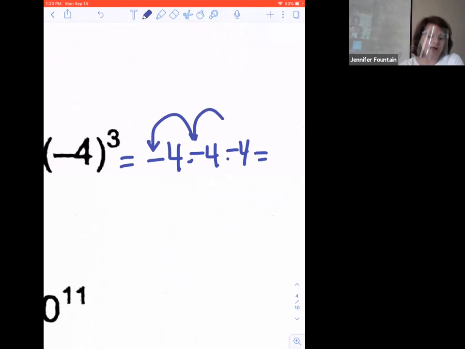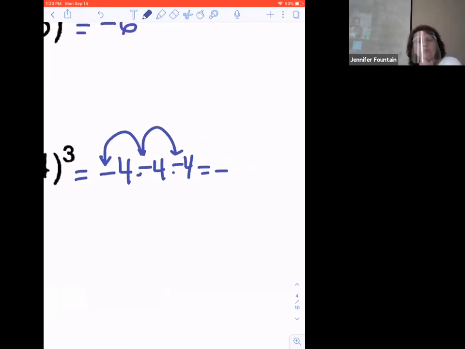But when I multiply a positive times this other negative, it's going to give me a negative answer, okay? So I know an odd number of negatives is a negative answer. An even number of negatives will be a positive answer. So 4 times 4 times 4. 4 times 4 is 16, and 16 times 4 is 64. So it'll be a -64.